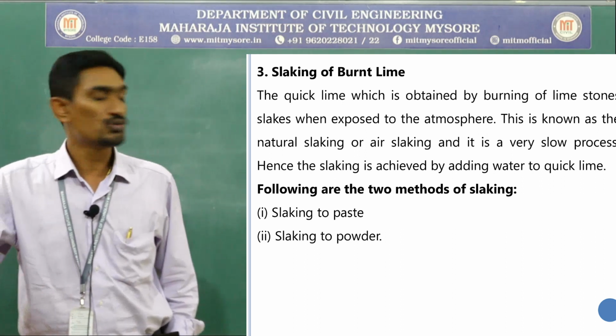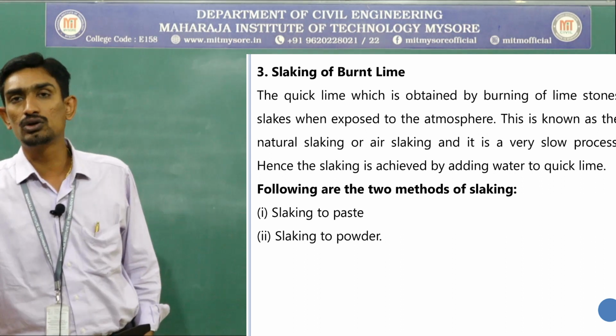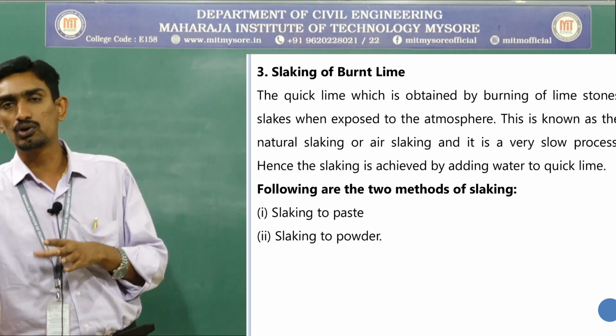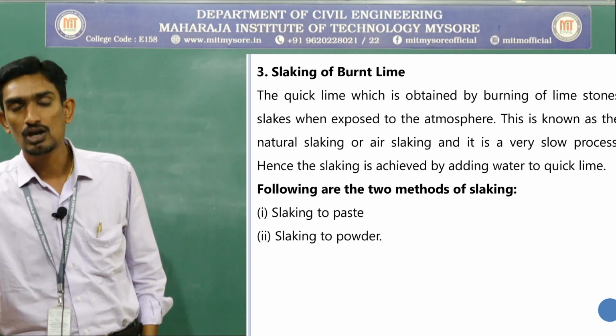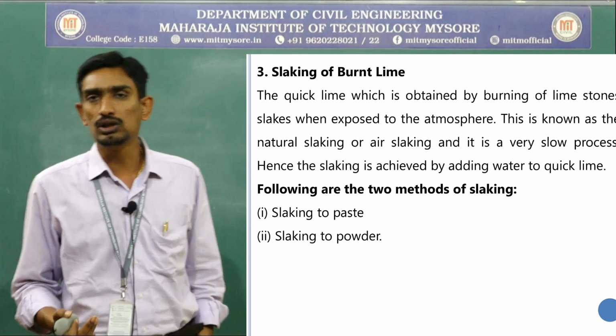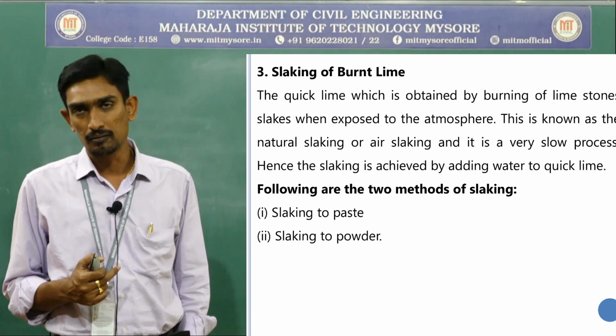So usually following are the two methods as I mentioned. One is slaking to the paste, that means we can form a paste, or we can form the powder form. So slaking means adding water into the burnt calcium oxide, that is quick lime.